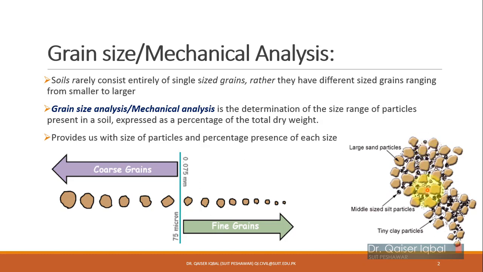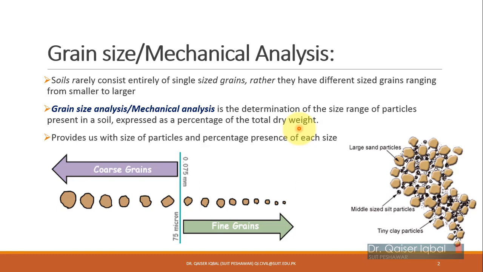particles than that. So the purpose of grain size analysis or mechanical analysis, or in some books it is written as particle size distribution as well, is determination of the size and range of the particles present in a particular soil. That is usually expressed as a percentage of total dry unit weight.